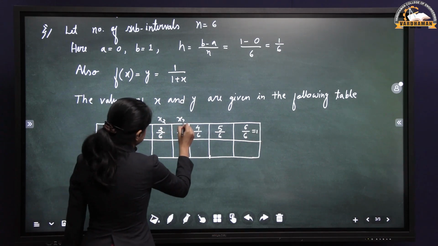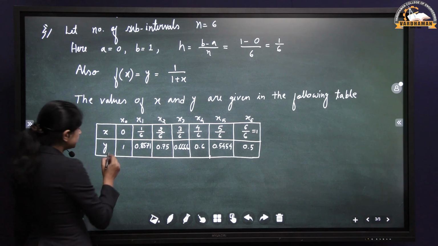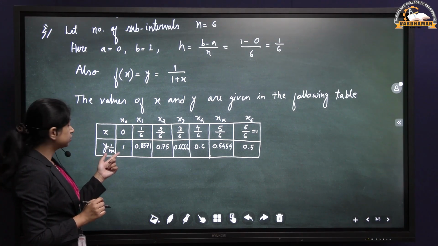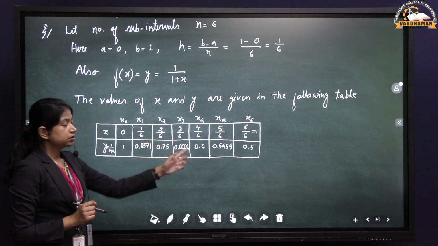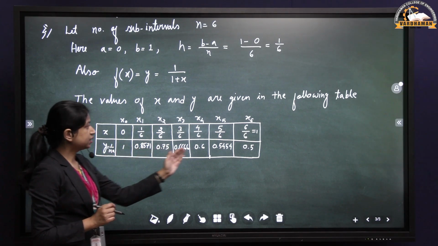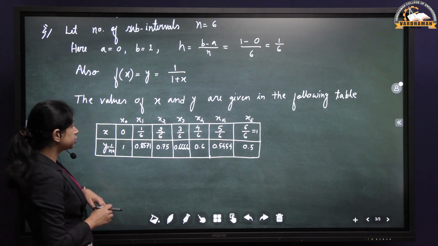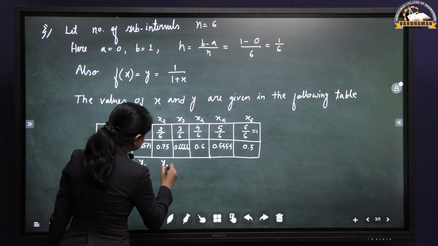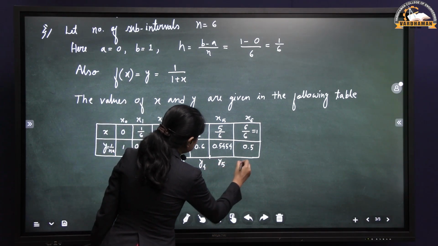Here y is equal to 1 by 1 plus x. If you put x equal to 0, it will be 1 by 1. So that is 1. For this you need to use a calculator and we are getting these values. Now we will substitute these values in the trapezoidal rule. This one is y0, this is y1, this is y2, this is y3, y4, y5 and y6.